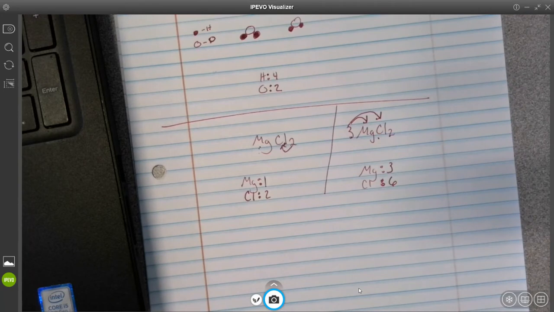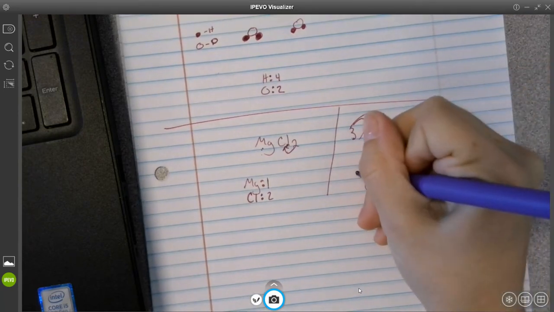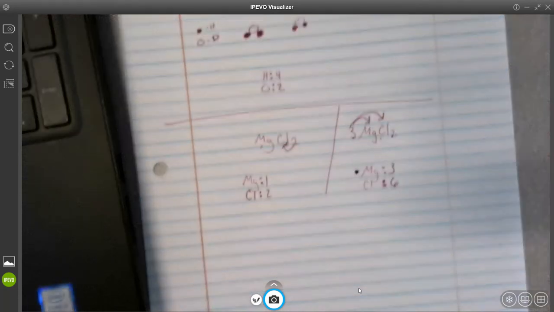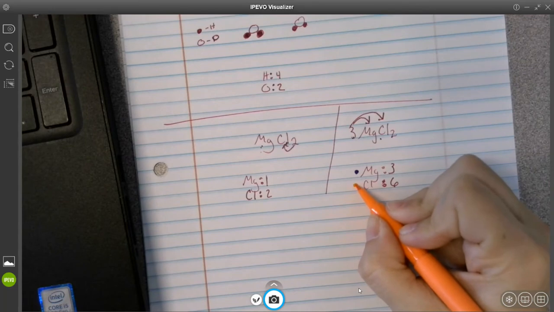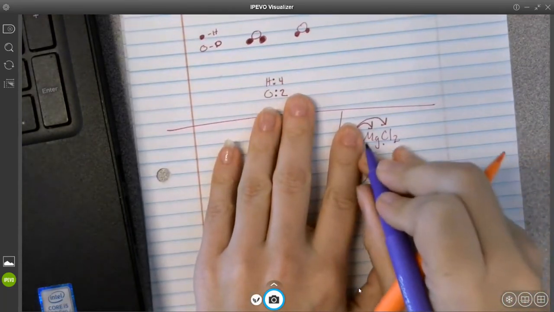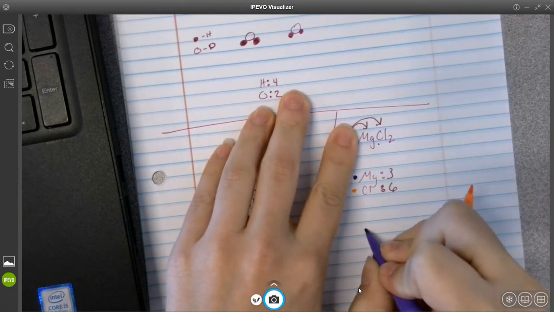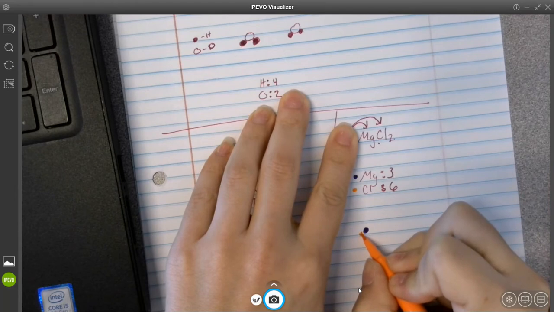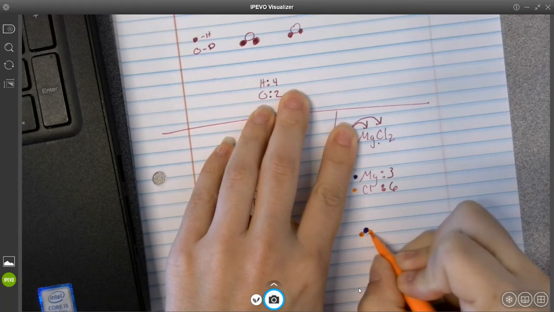So again, if I'm wanting to draw these out, let's have magnesium be purple and chlorine can be orange. I know that magnesium chloride by itself will have 1 magnesium and 2 chlorines.